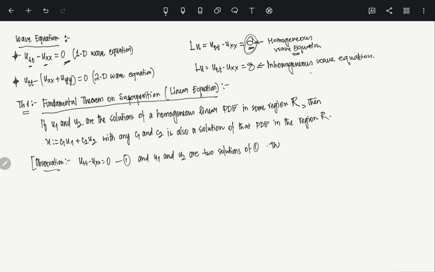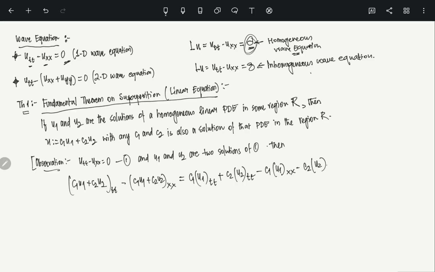If you write c1 times u1 plus c2 times u2 as your new u, and take the derivative with respect to t twice, minus the derivative with respect to x twice, it will give you c1 times u1 tt plus c2 times u2 tt, minus c1 times u1 xx, minus c2 times u2 xx.